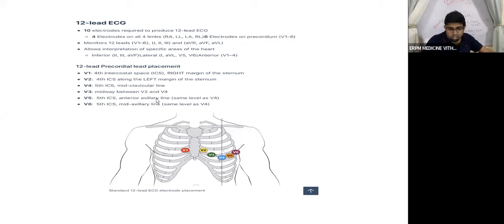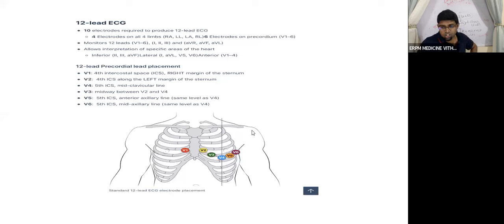Understood? So where do you put the V4? It is put in the mid-clavicular line in the fifth intercostal space. You know this is the clavicle, you know this is the mid-clavicular line. In the fifth intercostal space, you put the V4.